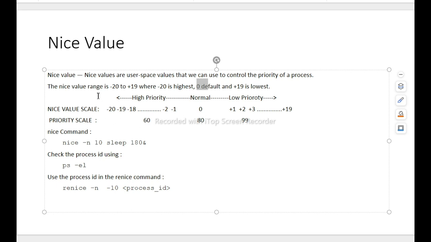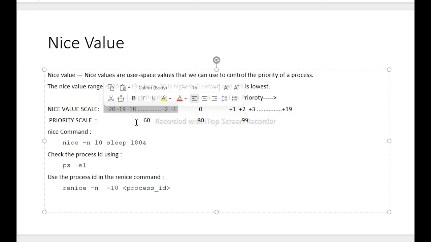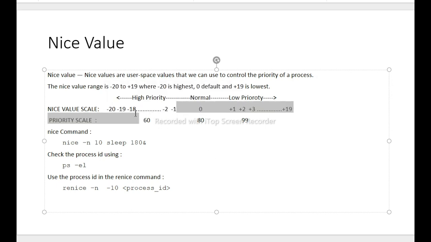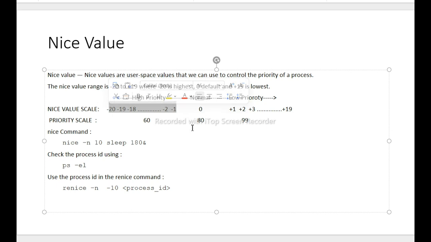Now let us try to understand nice value in detail. As you can see here in this scale, the normal nice value is considered to be 0. The scale towards the right side is positive and the scale towards the left is negative. Smaller the value, higher the priority.